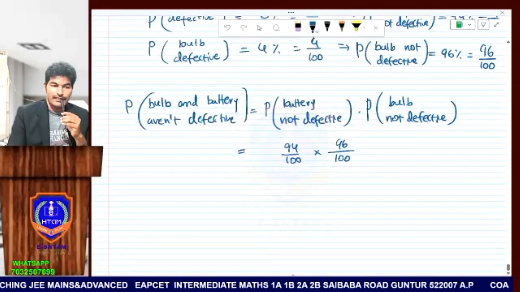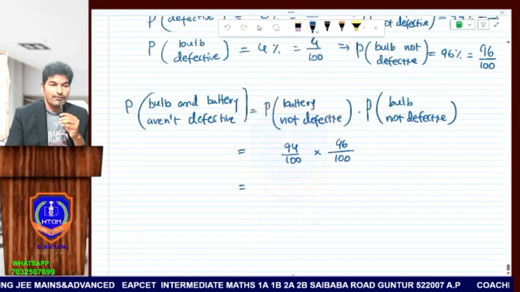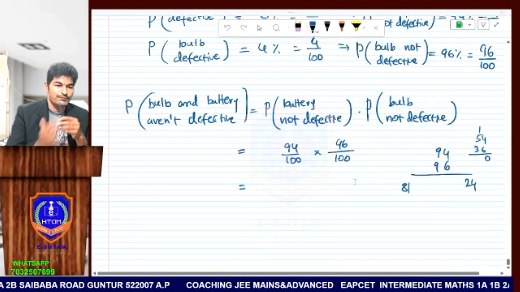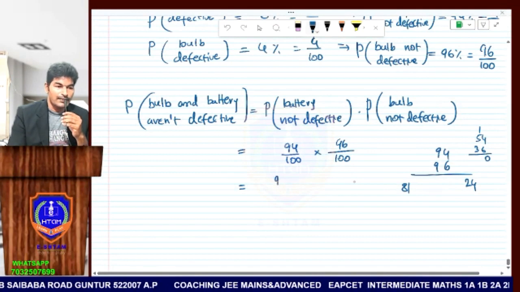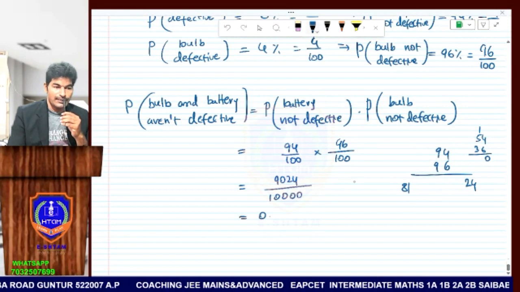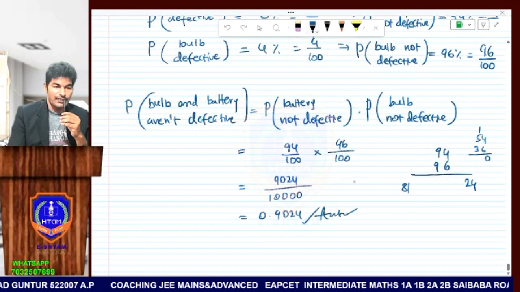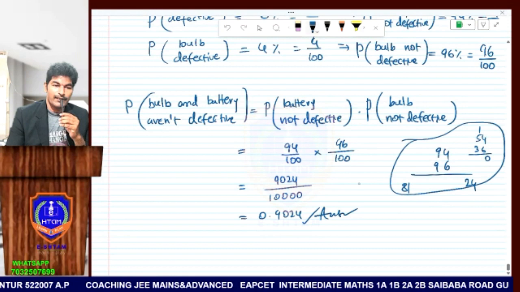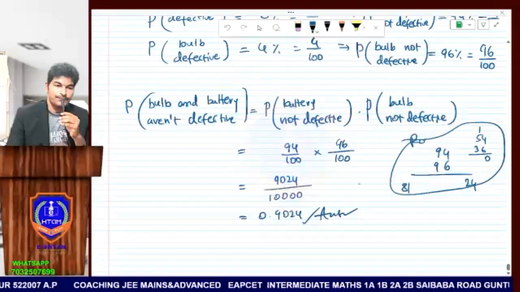Okay, we will calculate this value by multiplying 94 into 96. So write down 9024 out of how many zeros? 4 zeros. So it will be 0.9024, which is the answer to this question. Understood? This is the rough part, okay?